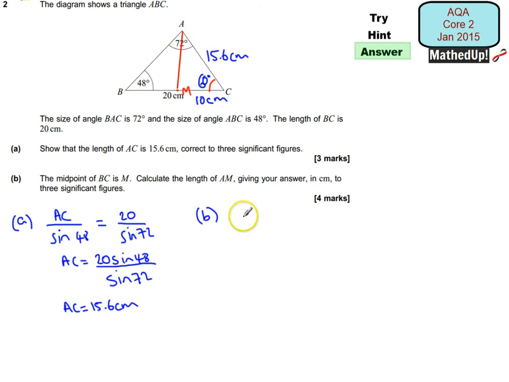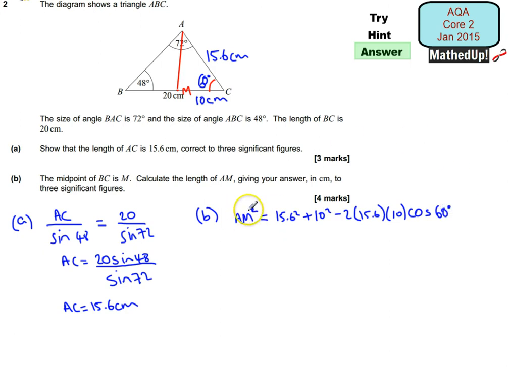So I've got my length AM squared, and that's going to be equal to, using the cosine rule, this squared plus this squared, so 15.6 squared plus 10 squared, take away 2 times 15.6 times 10 times the cosine of 60 degrees.